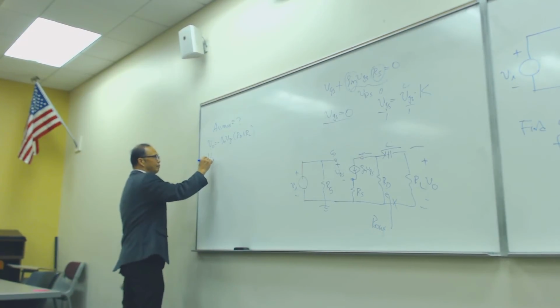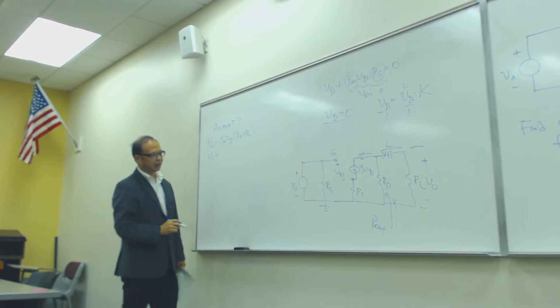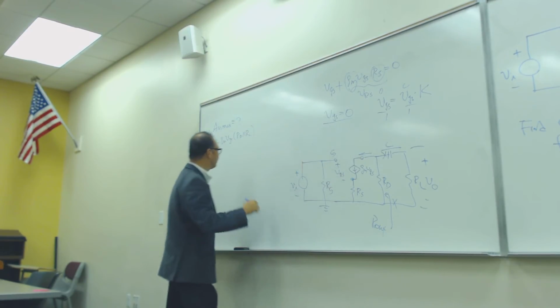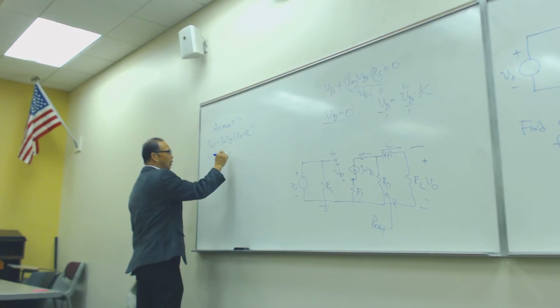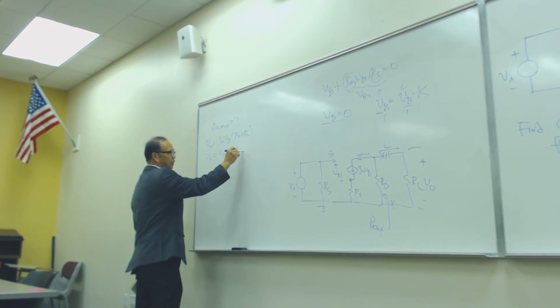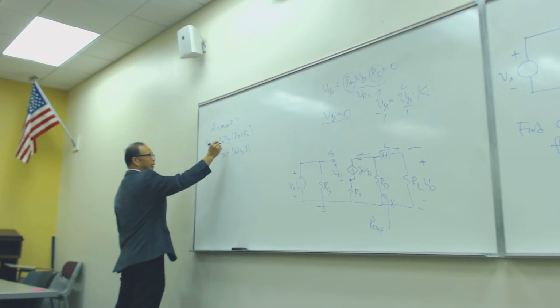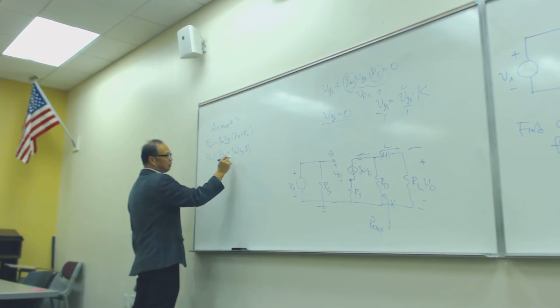What about V sub I? V sub I is this plus that, correct? VGS plus g sub m VGS R sub S. So this is in terms of VGS, this is in terms of VGS.